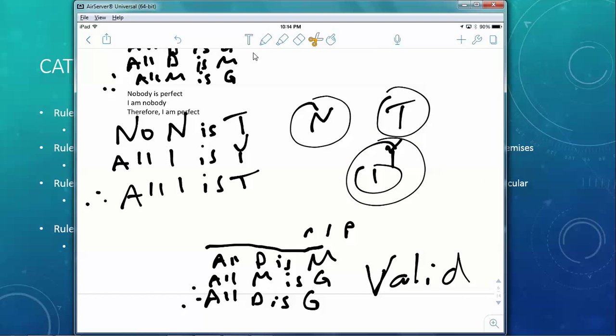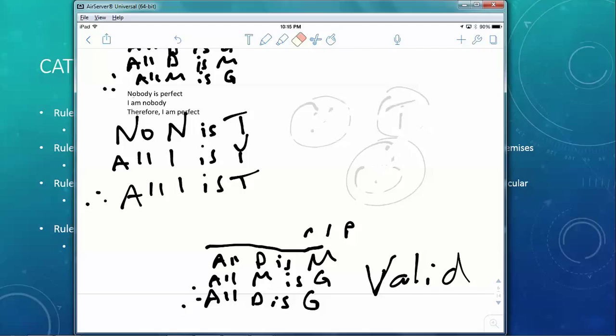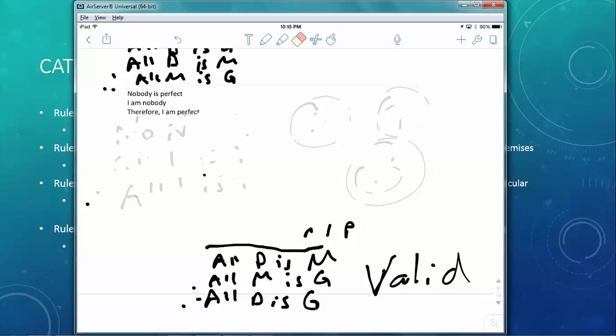If you were to write it literally, right? If instead you were to say all I am nobody, and pretend that these two nobodies actually mean the same thing, if you were to do something crazy like that, what would happen? Let's find out. Would it be valid? And would you have made a big mistake? I'm gonna symbolize nobody as an N. I'm not gonna say no person is perfect.